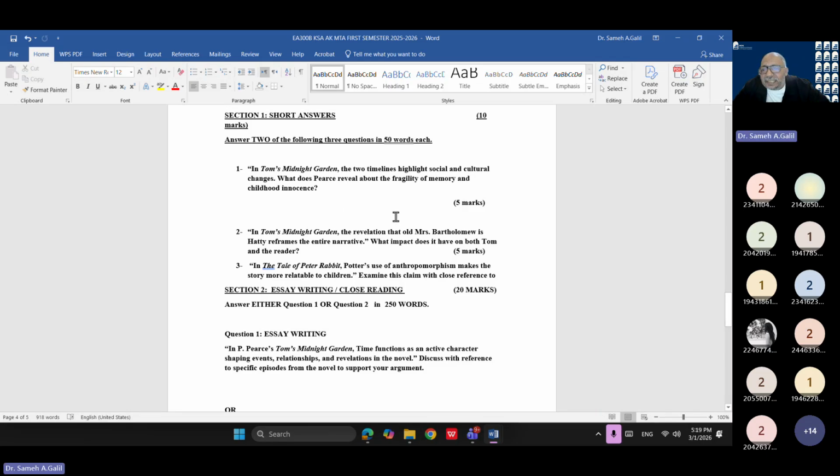What are the key words and key concepts? We're talking about two timelines. So this is number one. Two timelines. And then we talk about social and cultural changes. And then the fragility of memory and childhood innocence.